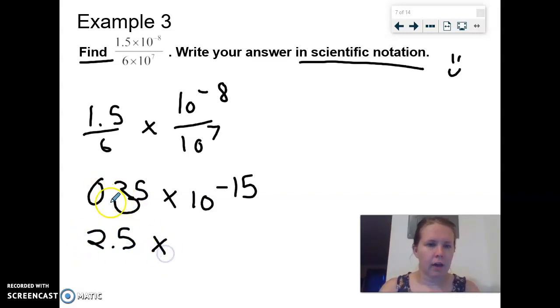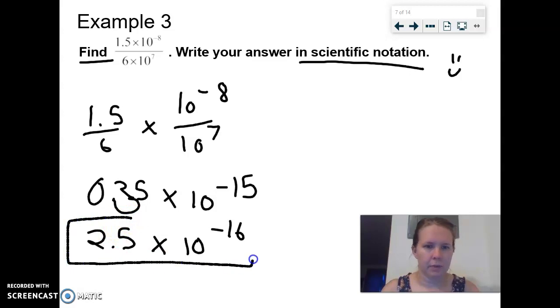When I move it to the right, I have to subtract 1, so I'm going to have 10 to the negative 16th, because I'm going backwards, the opposite direction on a number line. Here's my final answer.